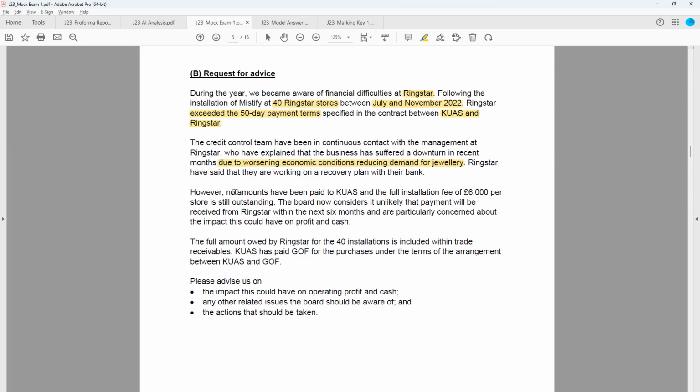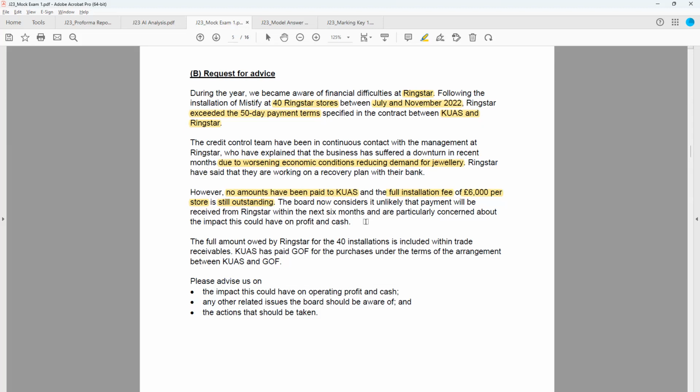However, no amounts have been paid to KUAS, and the full installation fee of $6,000 per store, which again is what we were expecting from the AI, 40 stores, $6,000 per store, is still outstanding. So the full amount is outstanding. So we can obviously work out the total amount there.